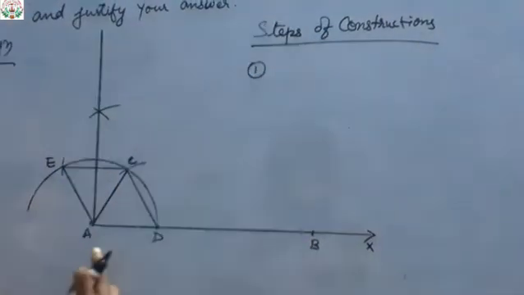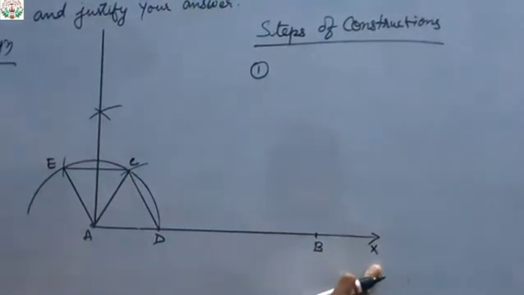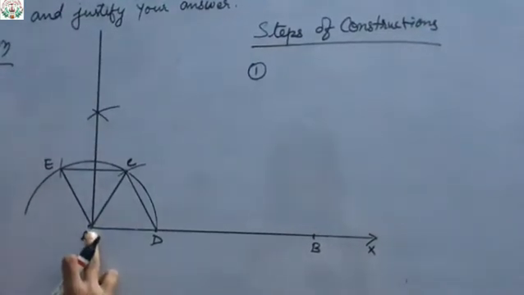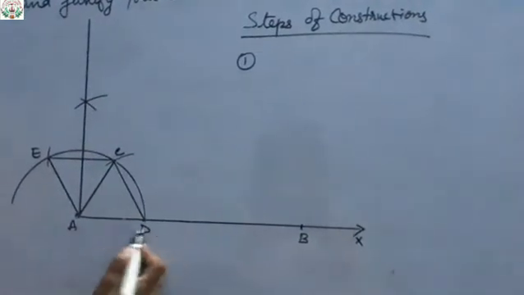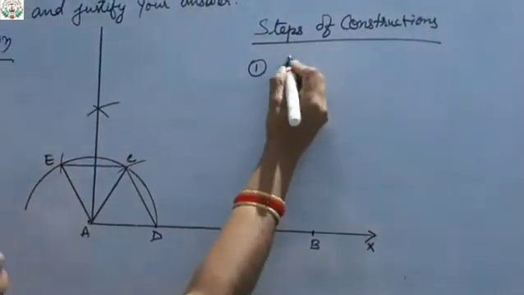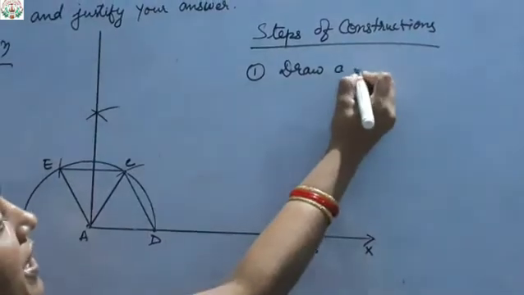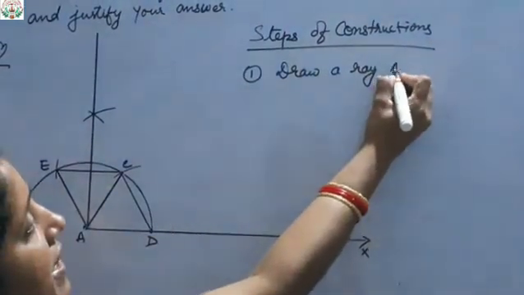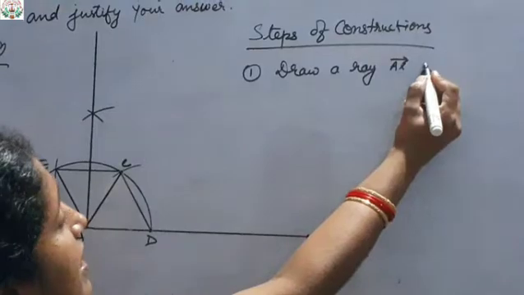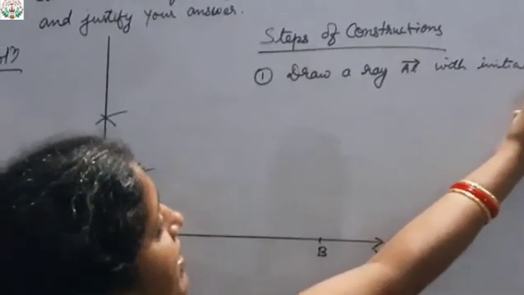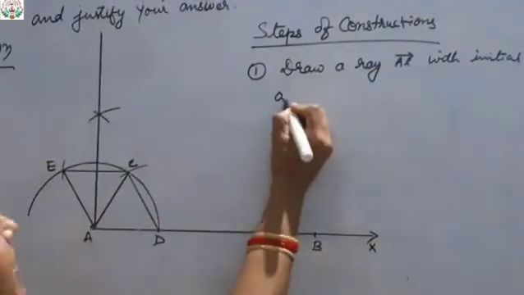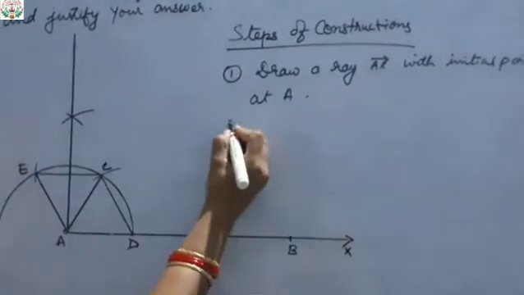First we have taken what? Ray AX. On at A, the initial point, take an arc of any length and draw ray AX with initial point at A. Okay. Then second point what?